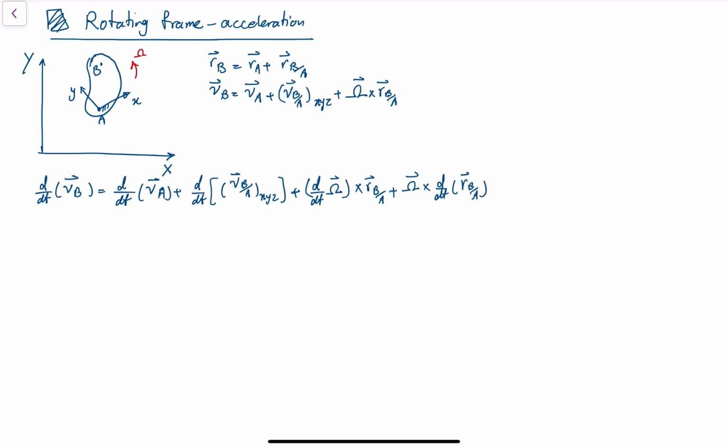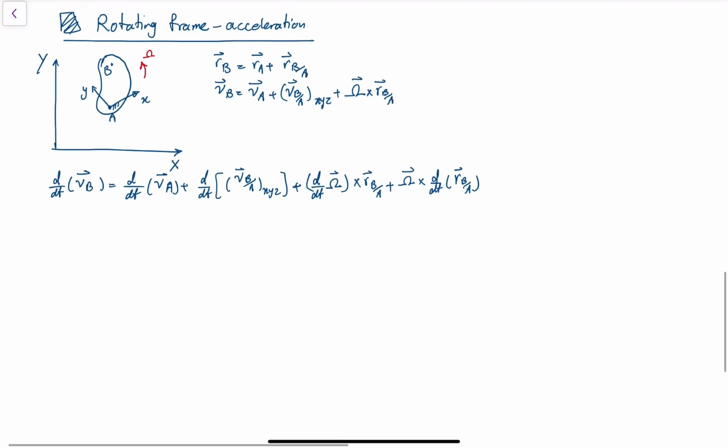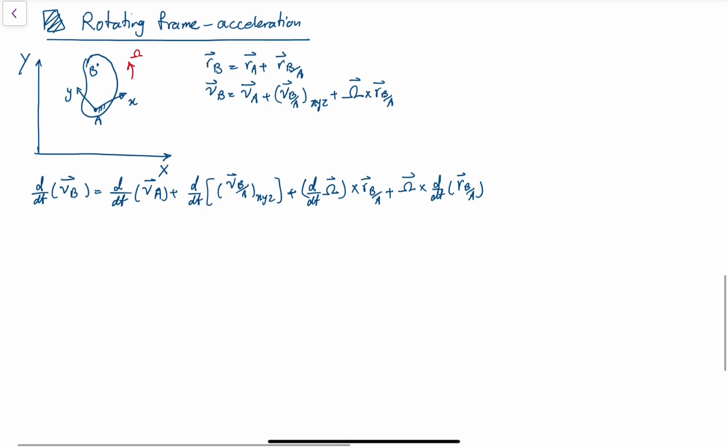Okay, lots of terms. I'm not going to derive it like last time. The derivation is in the textbook. But what I'm going to do is give you the final answer and discuss what those are. The first term is the acceleration of B in the base frame that we are trying to find.